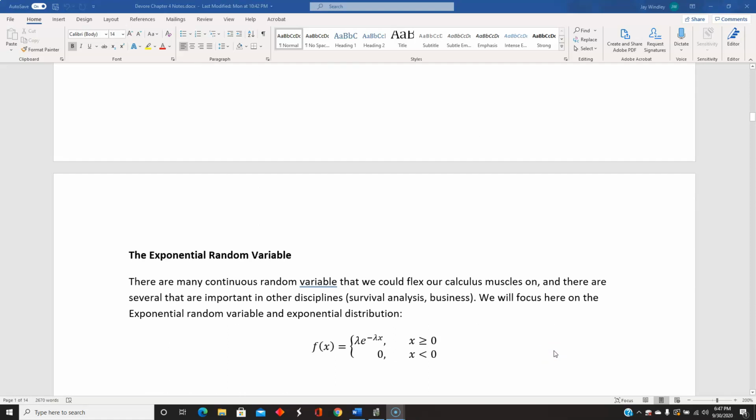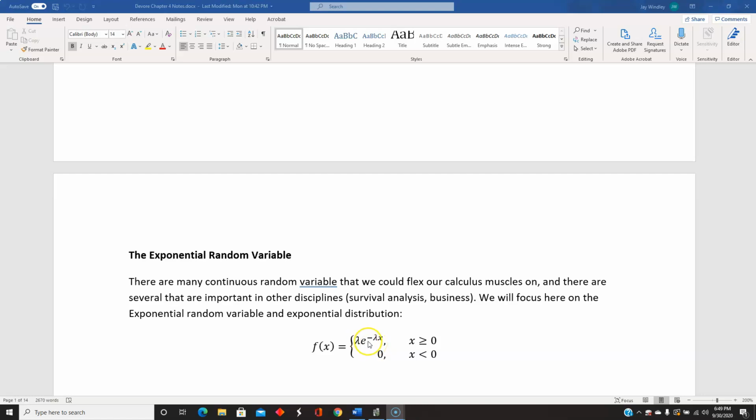So one very classic example of a continuous random variable is the exponential random variable. And the exponential random variable looks something like this. It basically has this format, e to the negative x.